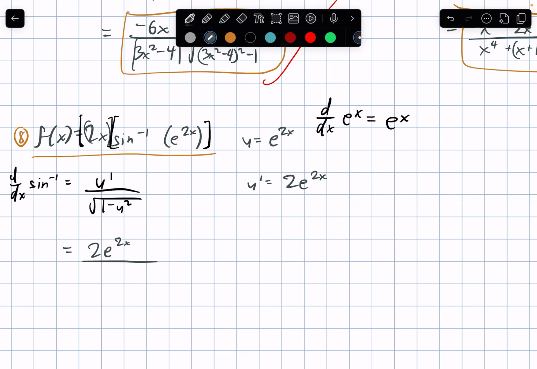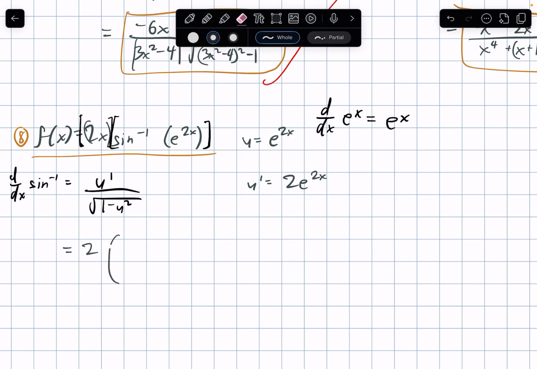Oh wait, by the way, so product rule, so the derivative of, let's try separating 2.